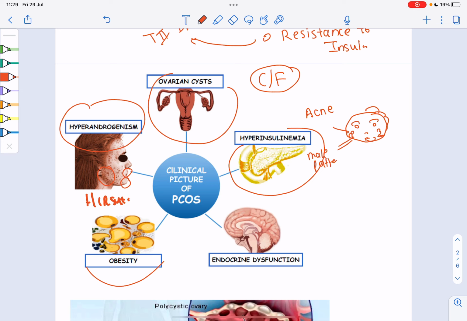And actually, they might have hair loss on the head. They're also obese. They have amenorrhea, abnormal and lack of menstruation. They have infertility.